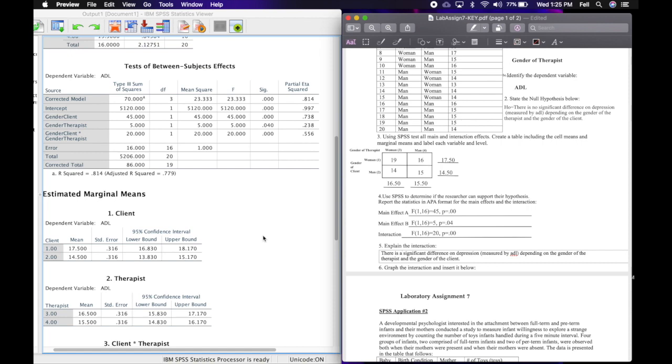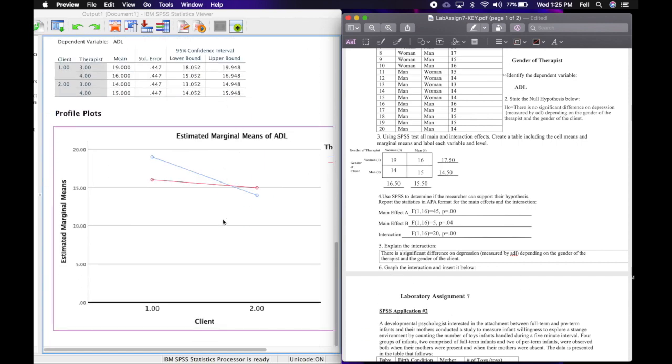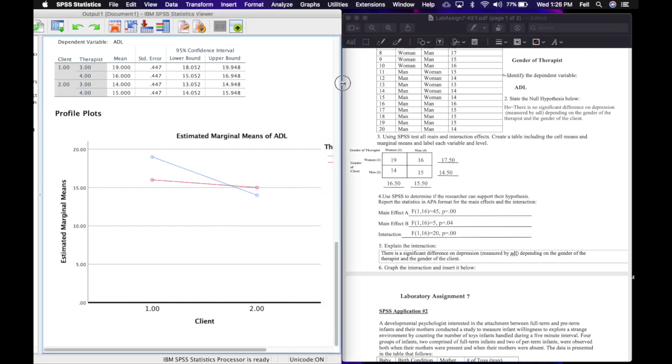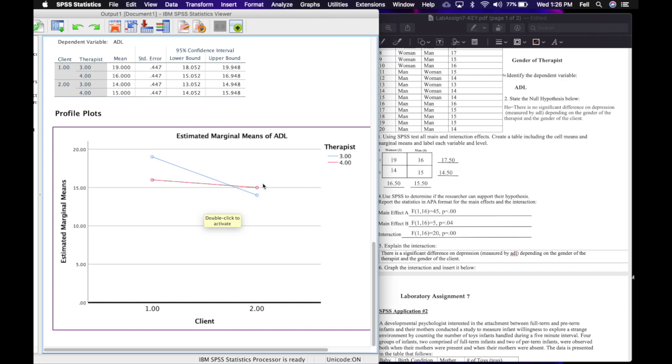So then the next thing that you are going to do is graph the interaction and insert it below. So we've already done that when we told the computer to plot, and you can clearly see that the lines are interacting, and you can see that we had set our base of our ordinate at 0, and there it is. The therapist is represented in blue for woman, and the male therapist or the man therapist is represented in red here.